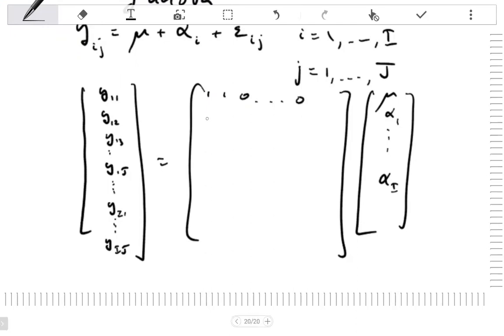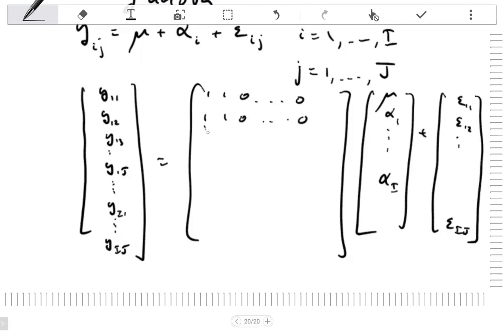For y12, exactly the same model. The only difference between these two is the error term. So here we need a plus, epsilon 11 or e11, depending on the mood you're in, e12, and so forth. And this goes on down to the jth one.